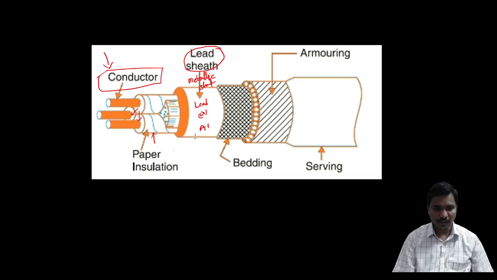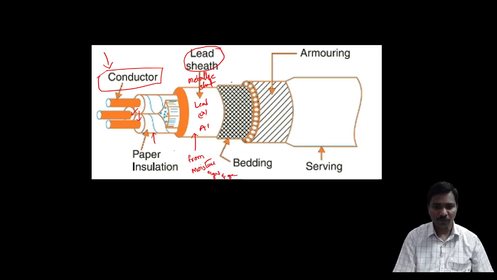So what is the purpose of this metallic sheath? To protect the core from moisture, gas, and any acid, alkaline, or gases, whatever it may be.